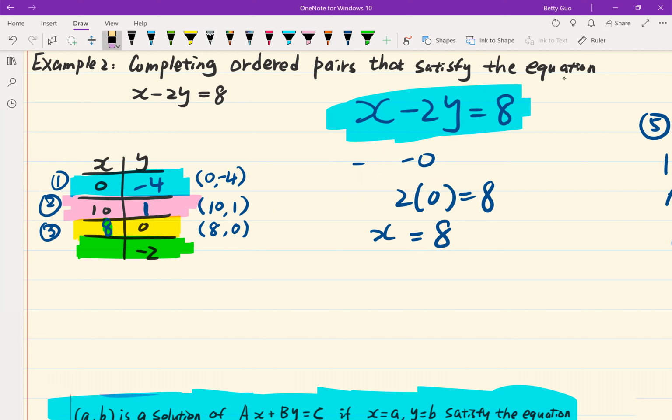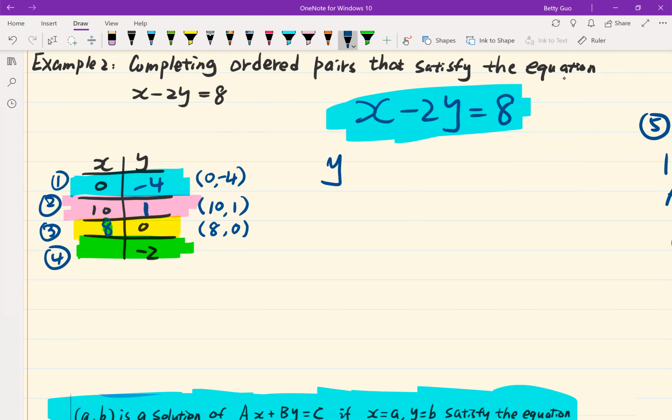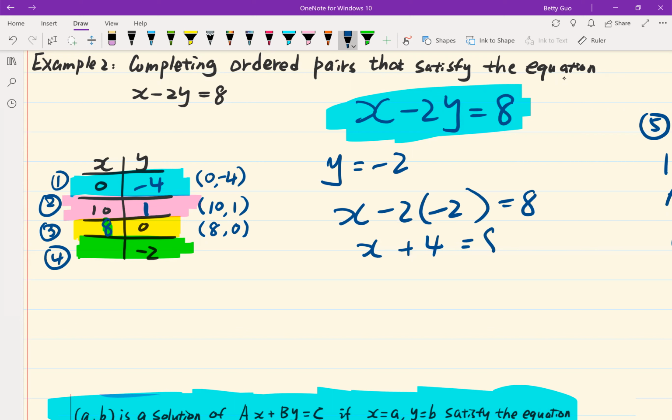Number 4. We are given the value for y. This time y is negative 2. We need to find the corresponding x value. We plug in y equals negative 2. X minus 2 times y. Y is negative 2, so we put it here. Negative 2 times negative 2 is 4 equals 8.